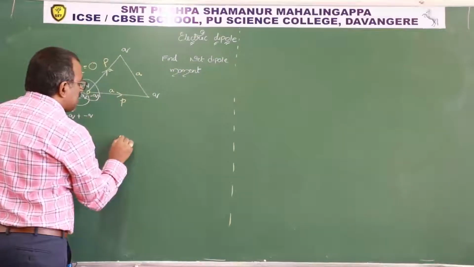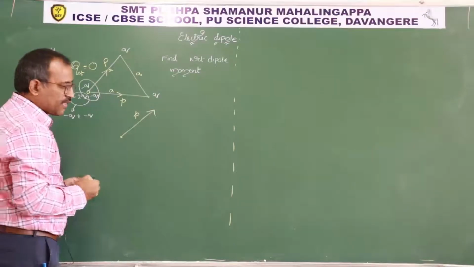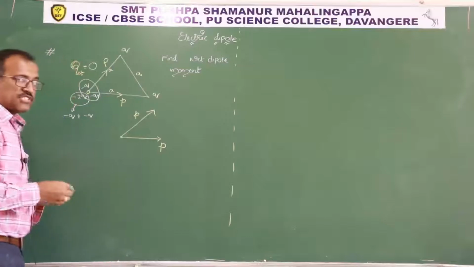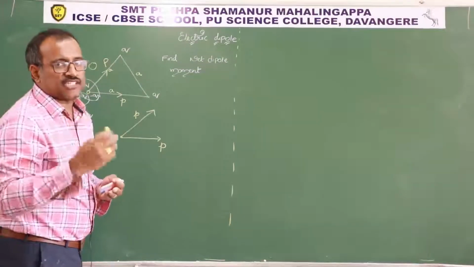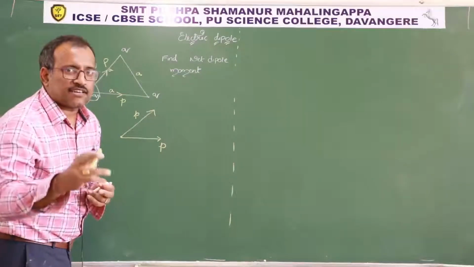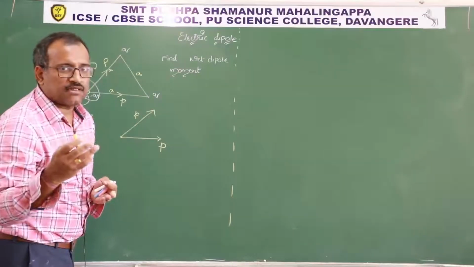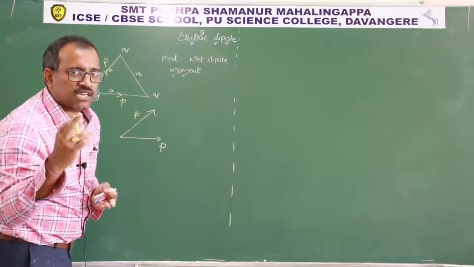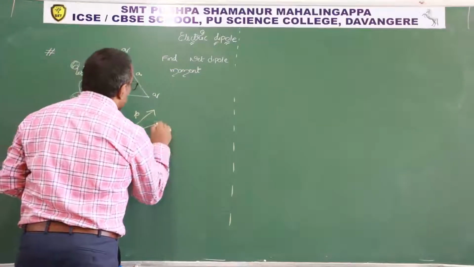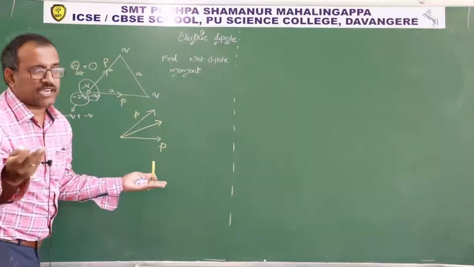In this direction, one vector is there, which is P. In this direction, the other vector is there, which is also P. Both are P. Hence, the resultant must lie along the bisector, because none of them is bigger.